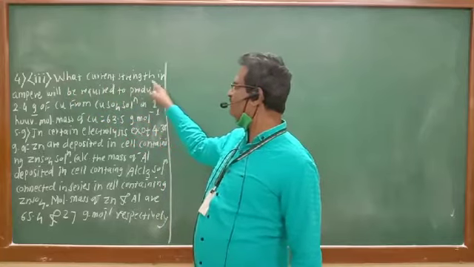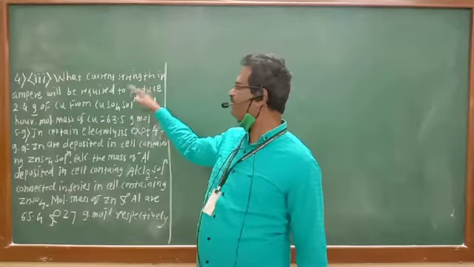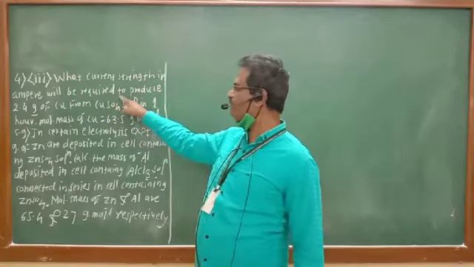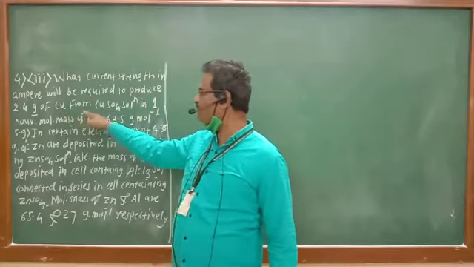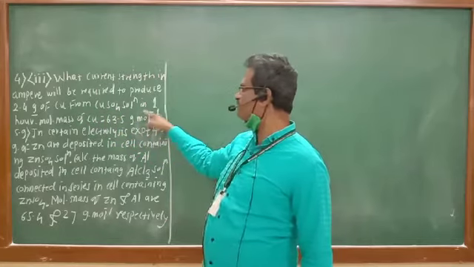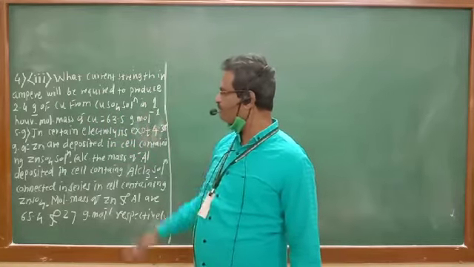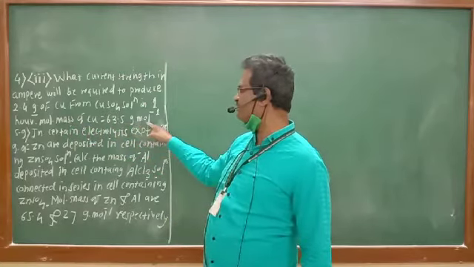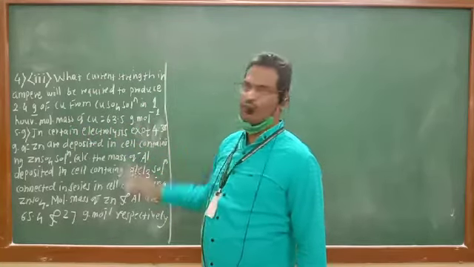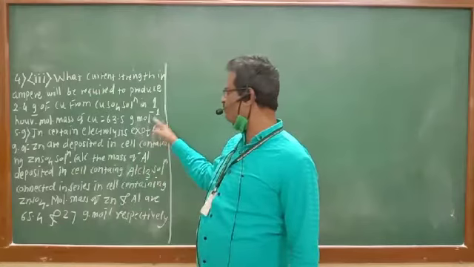What current strength in ampere will be required to produce 2.4 gram of copper from copper sulfate solution in 1 hour, given molar mass of copper is equal to 63.5 gram per mole.